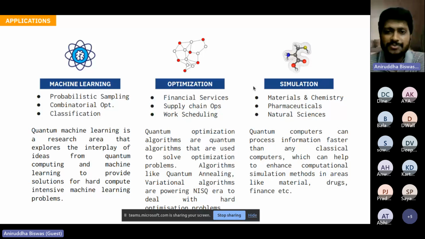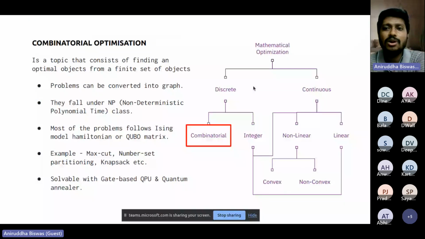Now, what is basically a mathematical optimization problem, and what are the different classes of it? Let's talk about a sample mathematical optimization problem. There are a lot of examples I can pull. I think people attending here are pretty much aware of a problem called the traveling salesman problem, right?